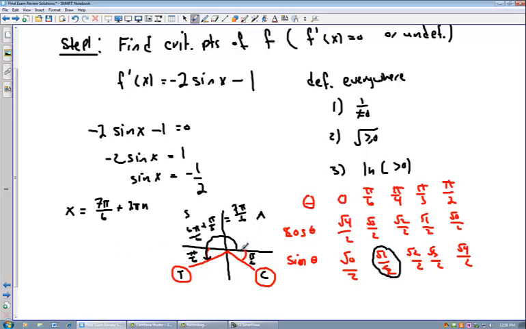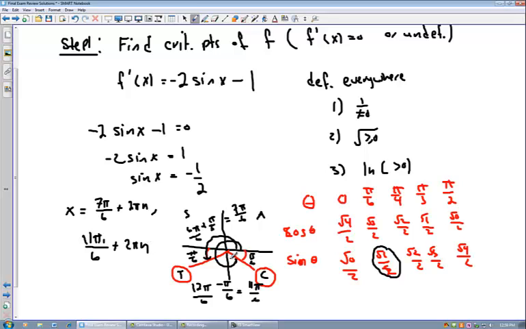Or it could be this angle going all the way around to here, which is 2 pi minus pi over 6. For that one, you can multiply both top and bottom by 6, so you get 12 over 6, and so that's 11 pi over 6, or 11 pi divided by 6 plus 2 pi n.